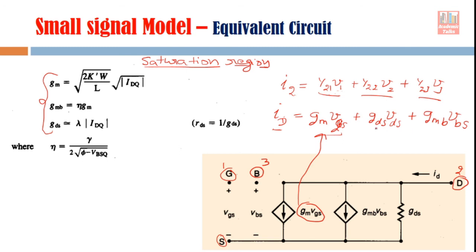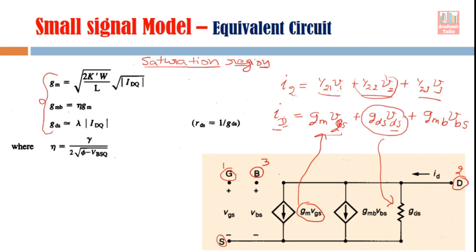Then there was GDS, the second component, Y22 V2. Same terminal voltage, same terminal current: drain current and drain voltage. If it is like this, then that component is represented by the symbol of a resistance.